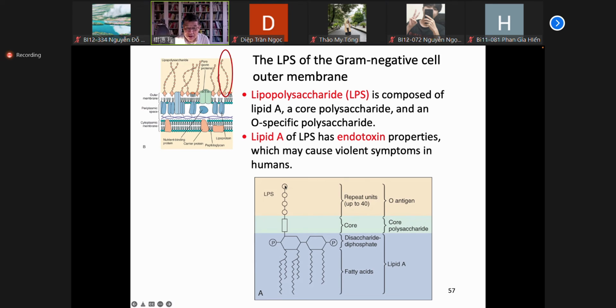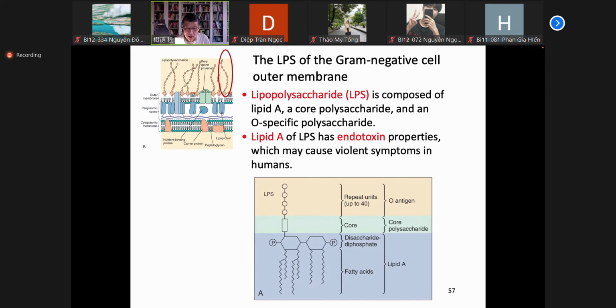That is, this circle is a group of sugars. It can repeat many times. So the whole antigen can be many sugars long. But this core is 7 to 8 sugars long. And this part is amine lipid. Amine lipid means that this is glucosamine, and from the amino group it is linked with the fatty acid.